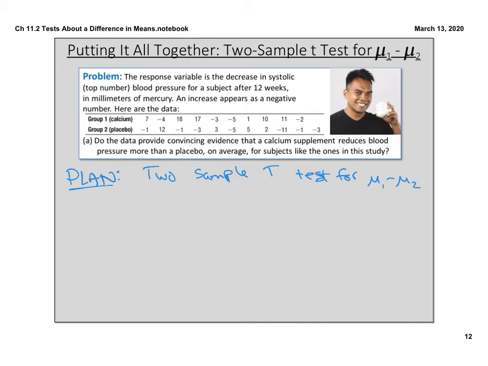Okay. My conditions, so for random, subjects were randomly assigned to one of two treatments.